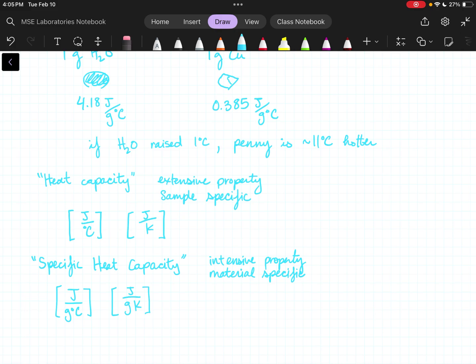Any pure material, I can take this value per gram, and then I can look at my big pile of bricks that's like 800 tons, or my one tiny brick that's just a couple pounds, and I can figure out what the heat capacity is because I know the specific heat capacity. I did use my language deliberately there. I can calculate that extensive property, the heat capacity of one specific item, if I know the specific heat capacity that applies to all the items. Does that make sense? Yeah.